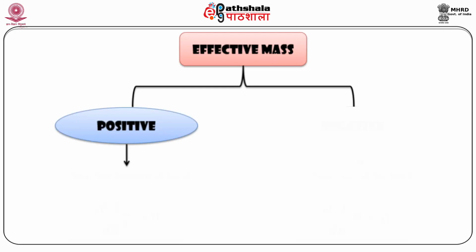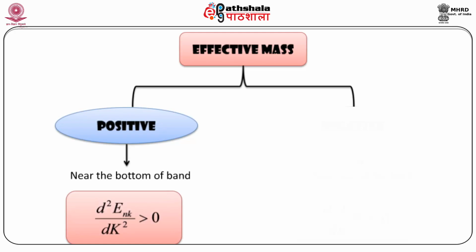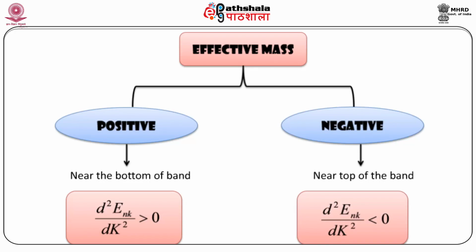It is positive near the bottom of the band, that is d squared E by dk squared is more than 0, and it is negative near the top of the band, that is the double derivative of the energy E(k) with respect to k is less than 0. Instead of thinking of these electrons as having negative mass, one can think of them as being holes with positive charge.